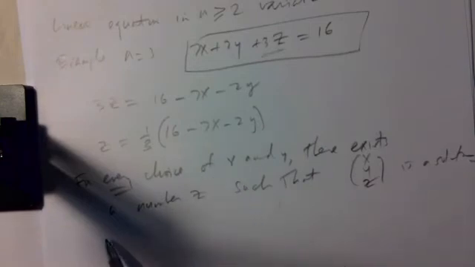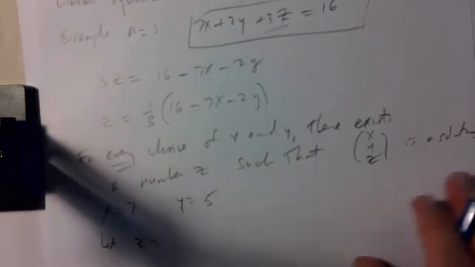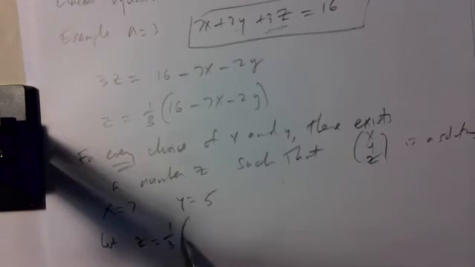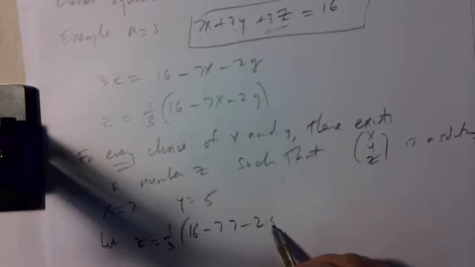So I'll let you pick. Give me any two numbers you like for x and y. What should x be? Pick a number, your favorite number. 7. Okay, and pick a number for y. 5. Okay, so in that case, we let z be equal to 1/3 (16 minus 7 times x, that's 7 times 7, minus 2 times y, that's 2 times 5).